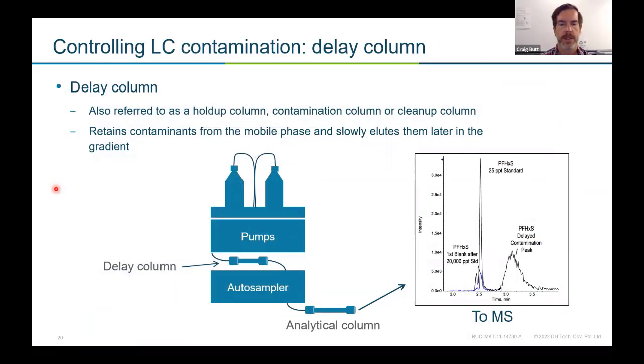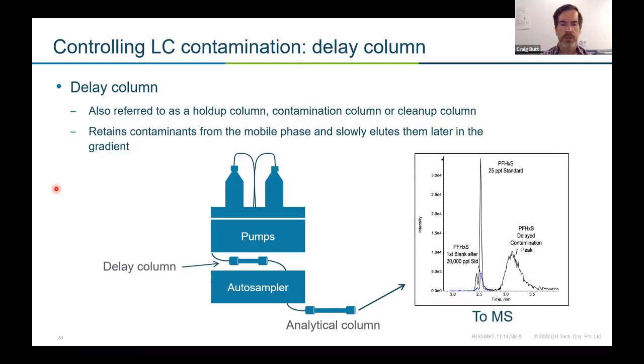This is something that is really common to all PFAS analysis. And most people are familiar with the concept of using a delay column, also known as a holdup column. Particularly when you are trying to achieve those really, really low detection limits.